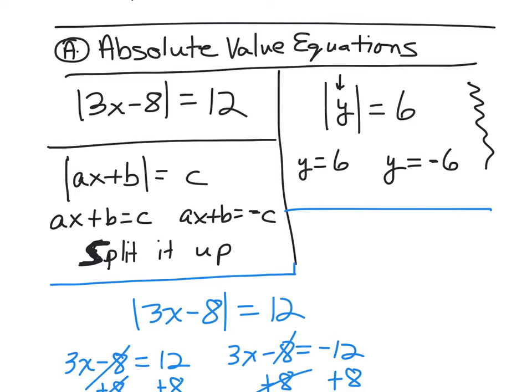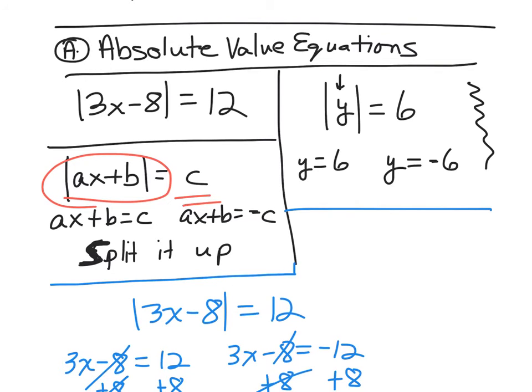Our model has an absolute value on one side and a constant on the other and nothing else. So we've got to make it fit our model before we split it up. In other words, the absolute value part has to be by itself first.